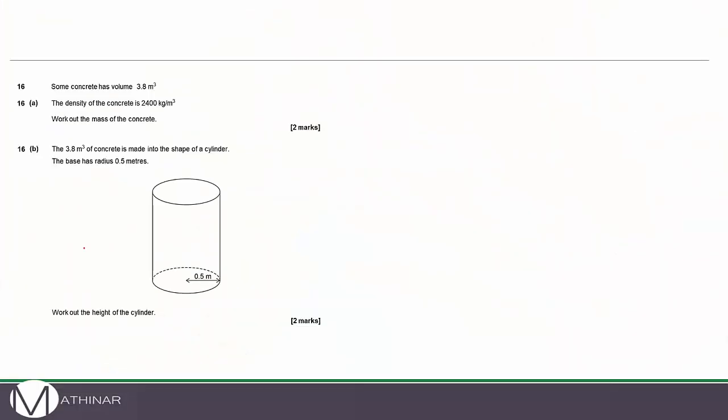Number 16. Some concrete has a volume of 3.8 meters cubed. The density of concrete is 2,400 kilograms per meter cubed. Work out the mass. So this is going to require the density formula. So density, we're working out the mass.